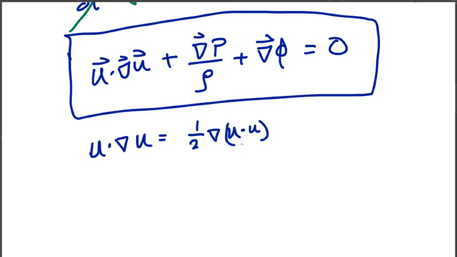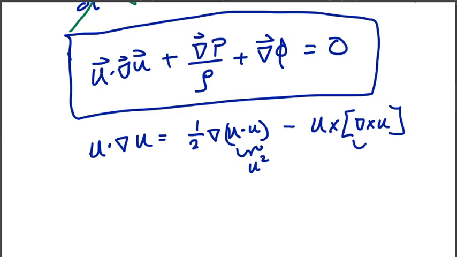So this is the scalar quantity u squared, so 1/2 u squared, and then minus the quantity u crossed with the curl of u, which is our vorticity, which we have met before.